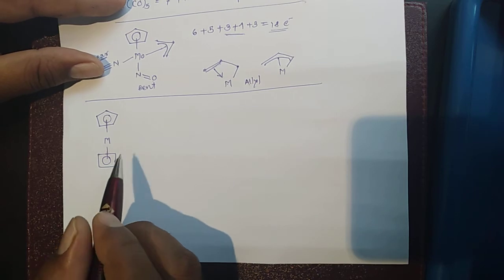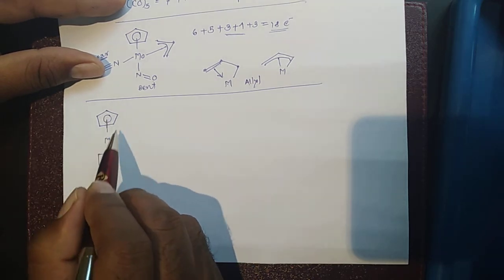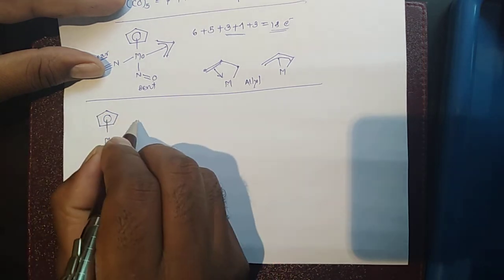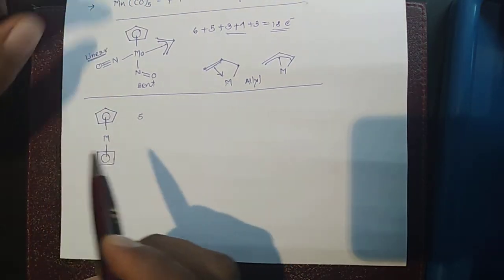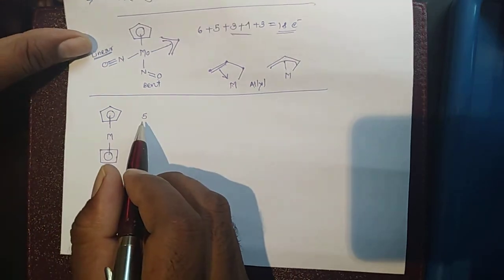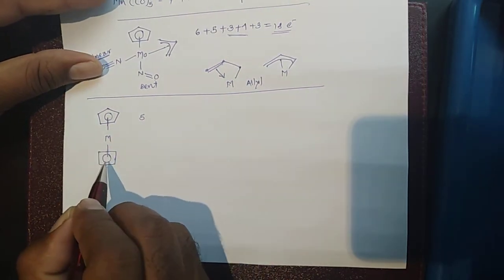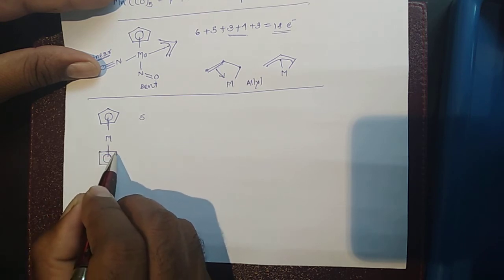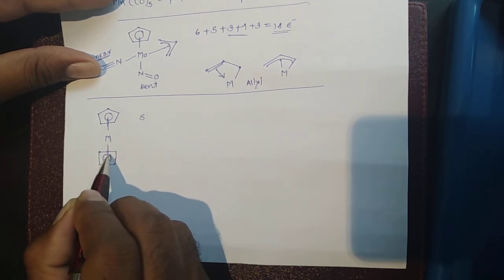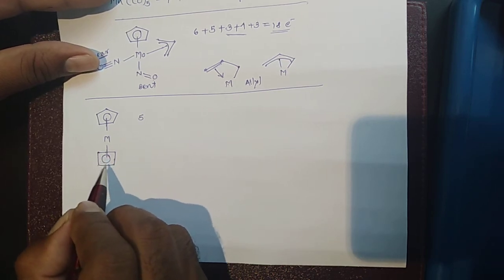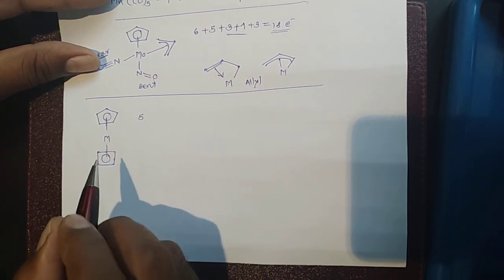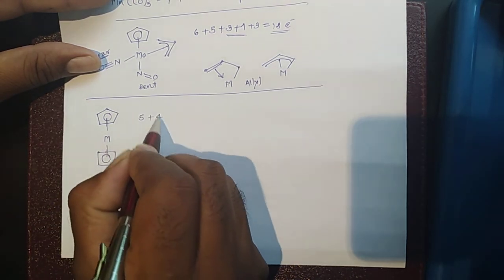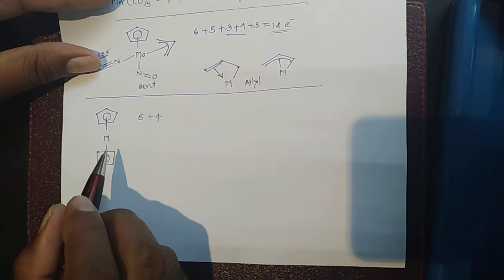So what will happen? As we know, this ring will provide how many electrons? 5 electrons. So we can directly write down 5 electrons. Then this ring will provide how many electrons? Because it has 4 carbons which are attached to each other, this ligand will provide 4 electrons to the metal.